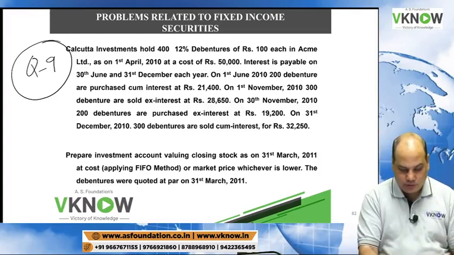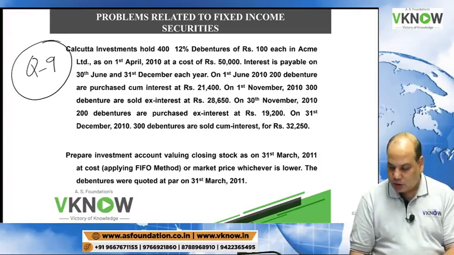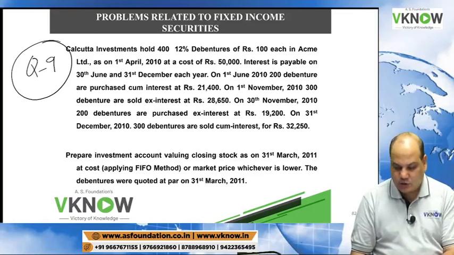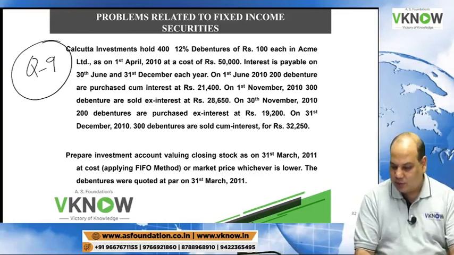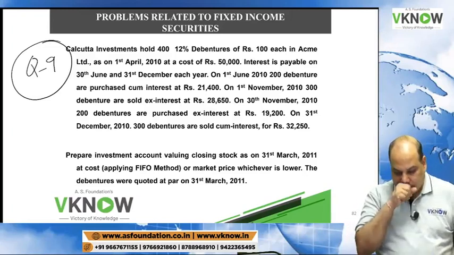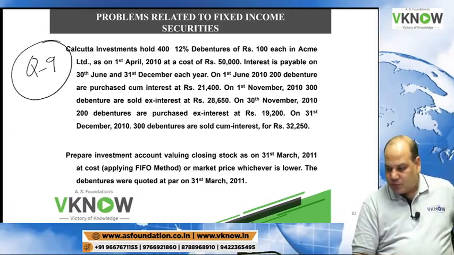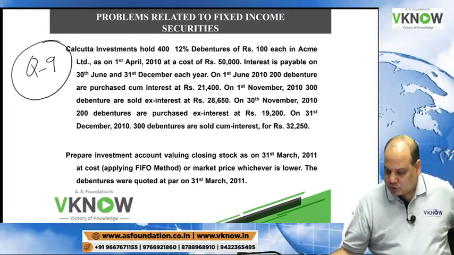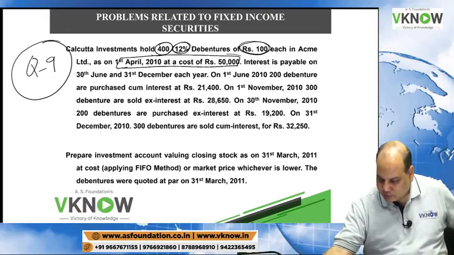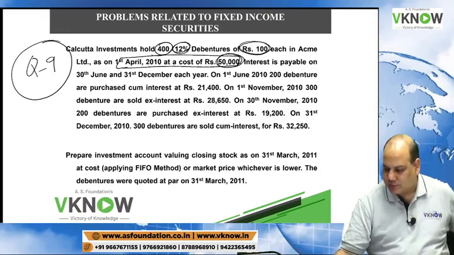Calcutta Investment has 4 1/2% debentures of rupees 100 each in Acme Limited as on 31st December 2010 at a cost of rupees 50,000. So this is opening balance. Number is given, face value is given, rate is given, cost is given.